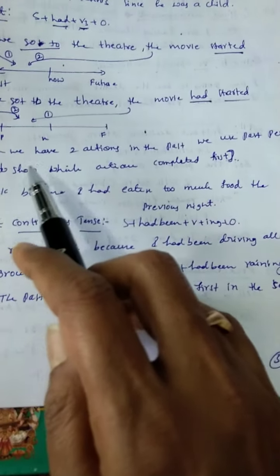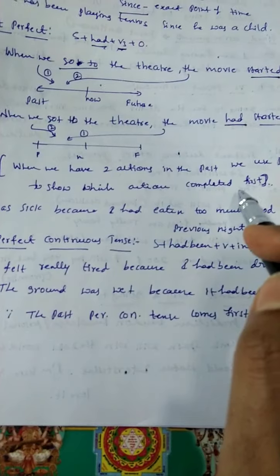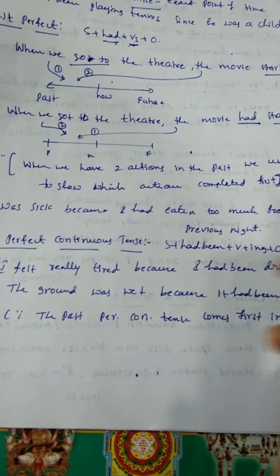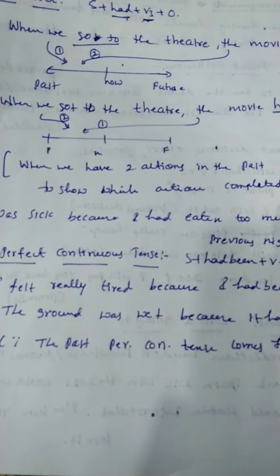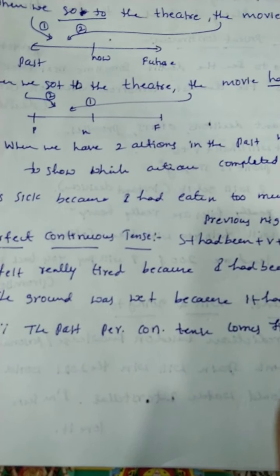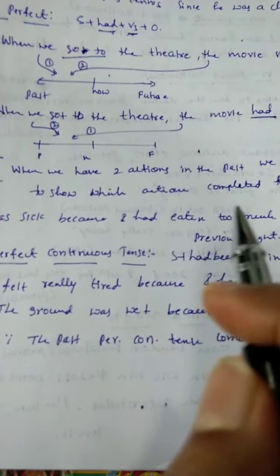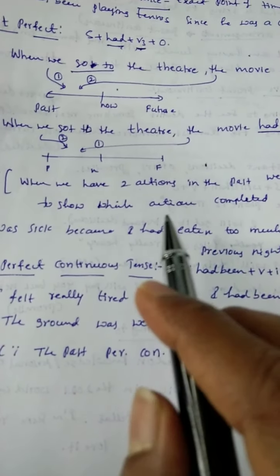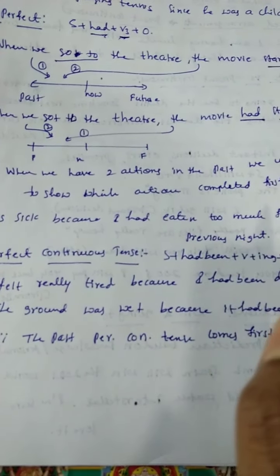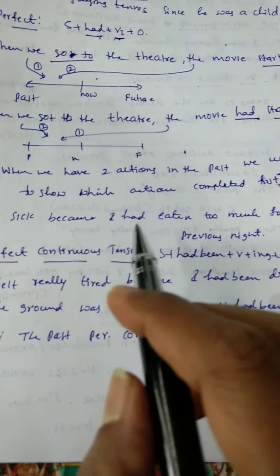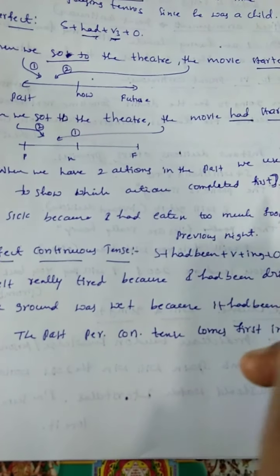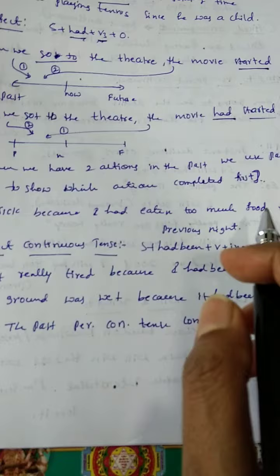The first completed action we have to show only in past perfect, which is subject plus had plus V3 form plus object. Then we have to use simple past. Okay, got my point?